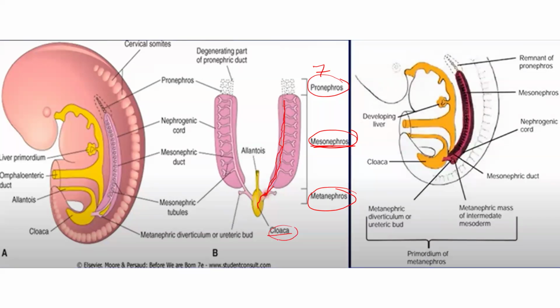Now, the cloaca is simply the common channel between the allantois and the hindgut. That common communication is the cloaca. The cloaca ideally undergoes septation in mammals, and you and I are mammals.